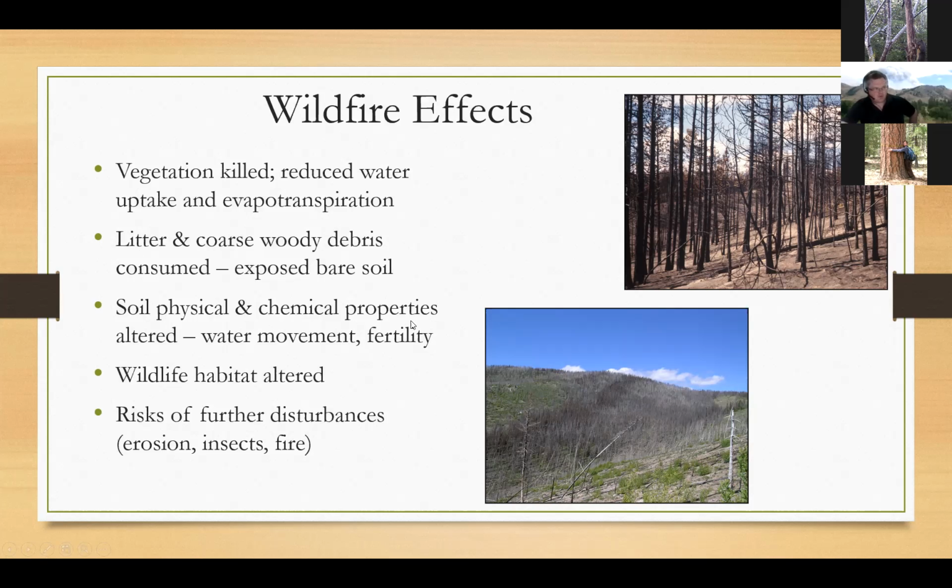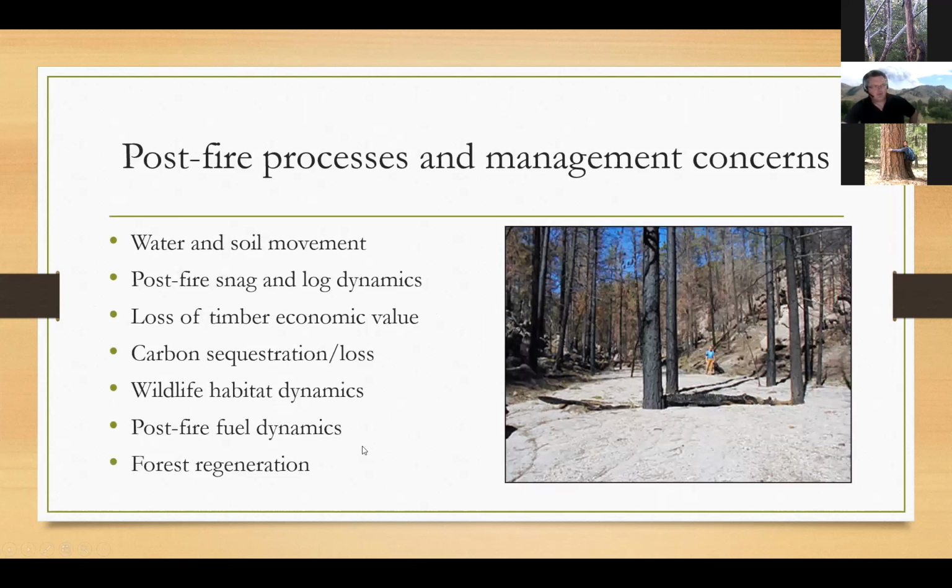It can alter soil physical and chemical properties, primarily through heating, but also through altered water movement. Wildlife habitats are often altered in some way. Converting live trees to dead trees usually does something. And then we also increase the risk of subsequent disturbances, whether that be soil erosion related flooding and mass wasting, insect outbreaks in damaged but surviving trees, or future fires, and probably others you could think of.